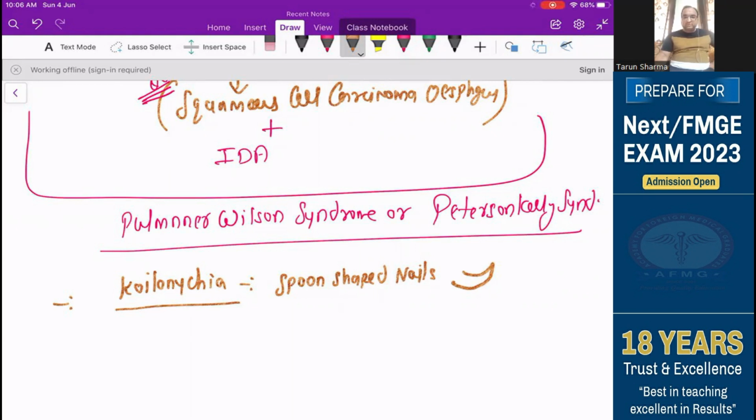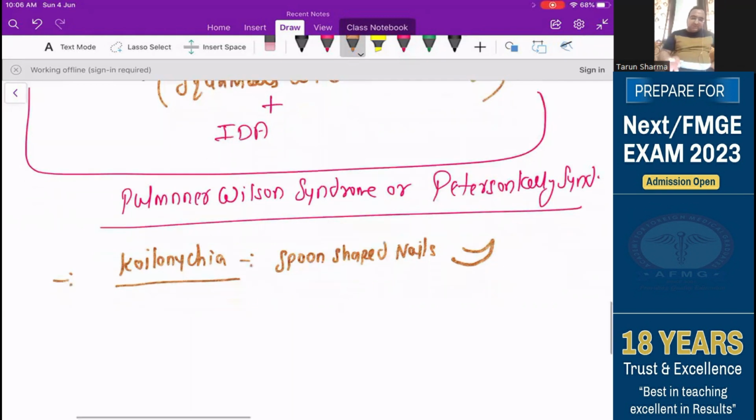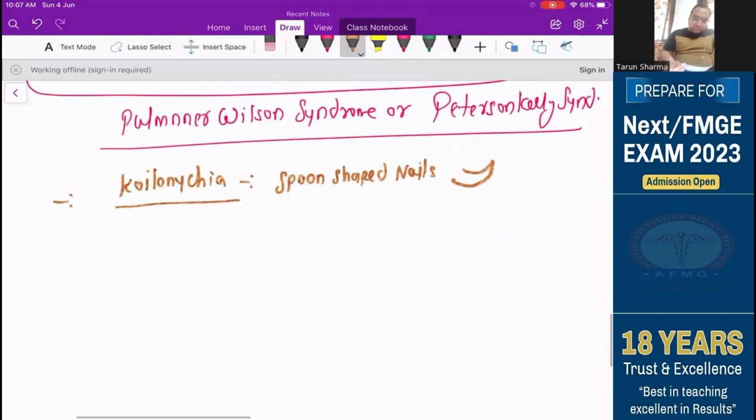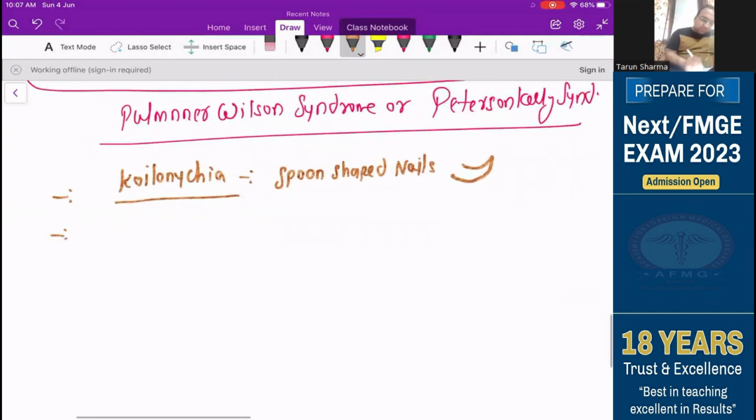Then it is called Plummer-Vinson. Okay. But it is very, very important because sometimes they will ask you which type of anemia koilonychia is a finding of. So koilonychia will be seen in this kind of anemia, that is iron deficiency related. Okay, so this is about all the important signs that you can make out in these patients.